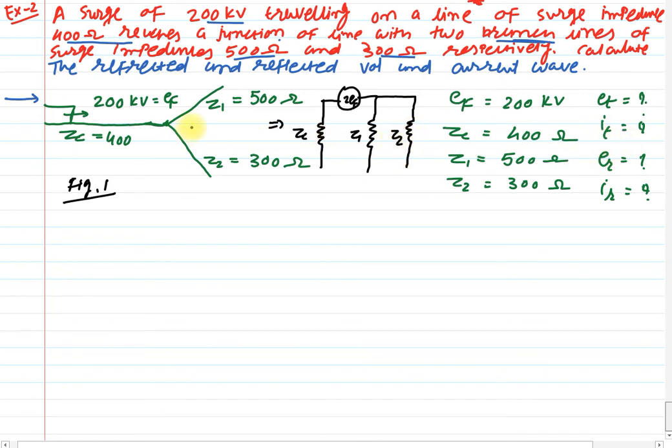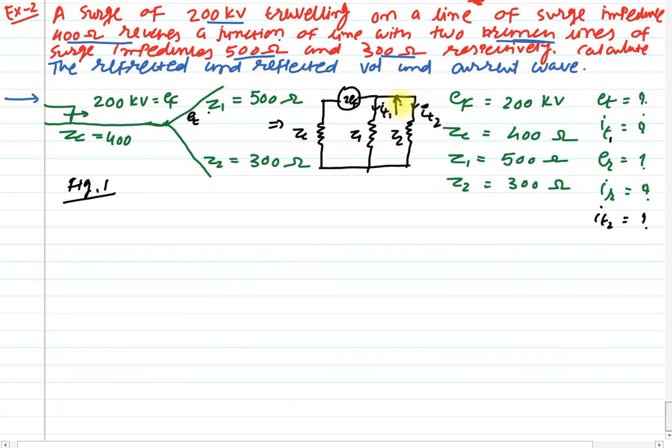So now here instead of only IT, we have to calculate IT1 and IT2 for both lines, which is the transmitted or refracted current on transmission line 1 with the impedance of Z1 and transmission line 2. Clear? So here ET will remain as it is, but let me first complete the diagram. Yes, IT1 and IT2.